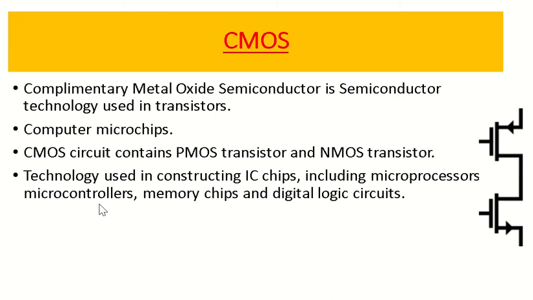CMOS is also referred to as integrated circuit technology, and we can also say it's a complementary transistor or complementary MOSFET. It's up to our understanding how we refer to CMOS. But NMOS and PMOS are basically types of MOSFET, there is no doubt, and this is all about NMOS, PMOS, and CMOS.